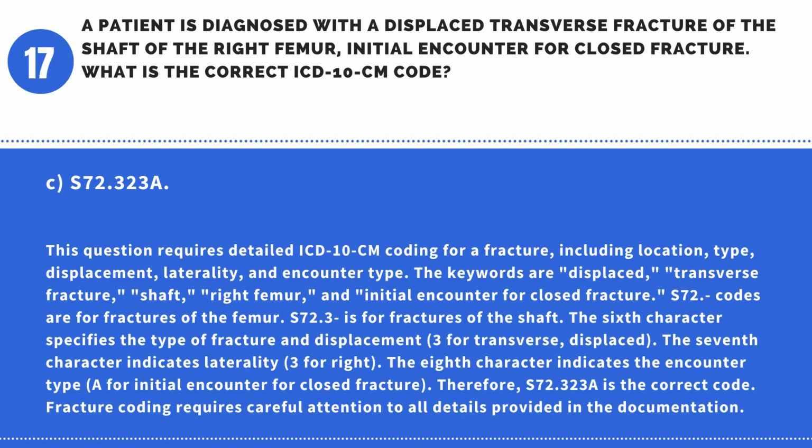S72 codes are for fractures of the femur. S72.3 is for fractures of the shaft. The sixth character specifies the type of fracture and displacement, 3 for transverse, displaced. The 7th character indicates laterality, 3 for right. The 8th character indicates the encounter type, A for initial encounter for closed fracture.